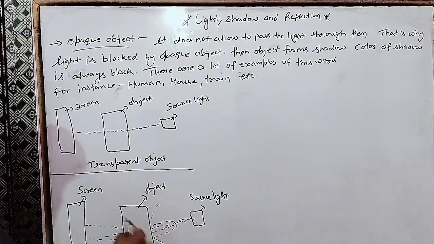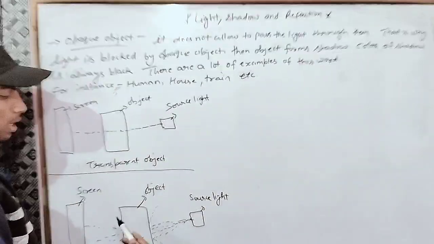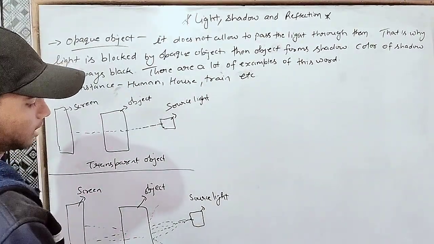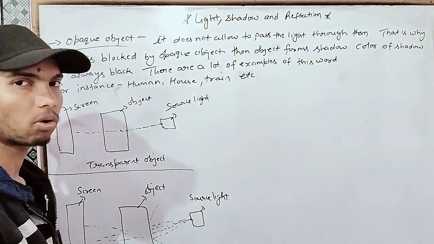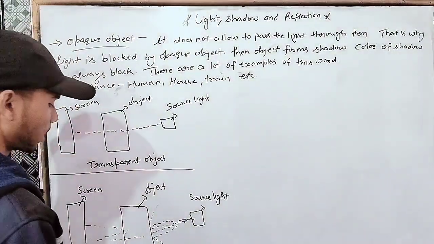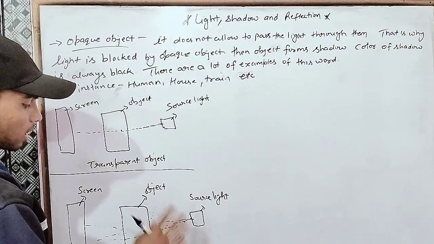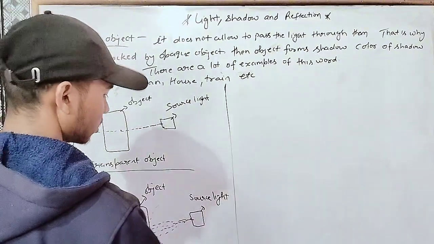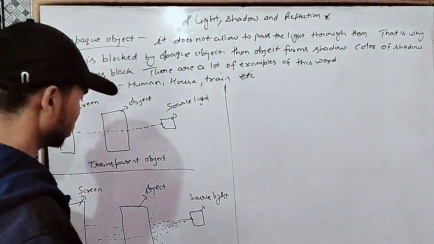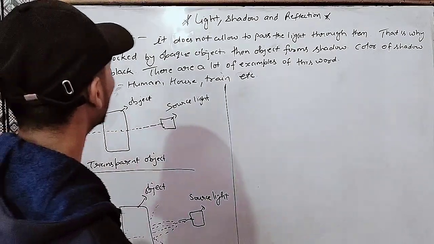So not all light is going through this object, and in other words, we can understand it ourselves. Here is a human, here is we, and we are not able to see the area behind it completely. So something is blurred and something is clear. Are you clear? So let's move on to the next diagram, which is of an opaque object.